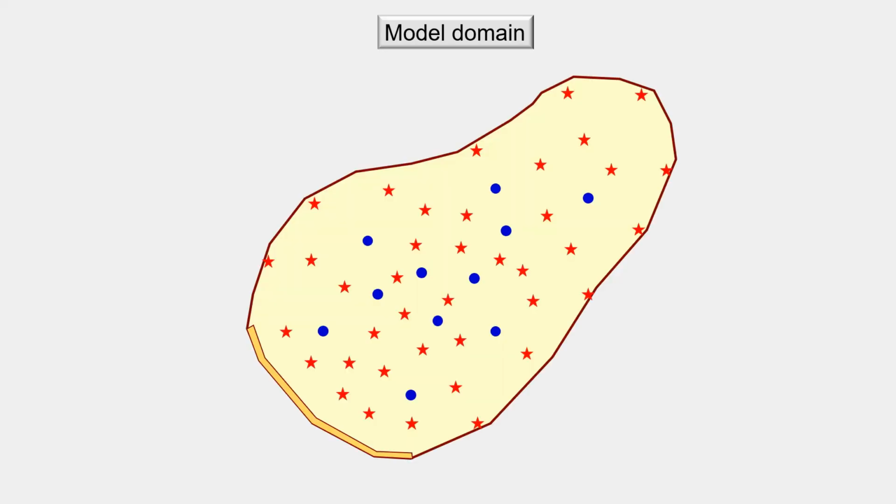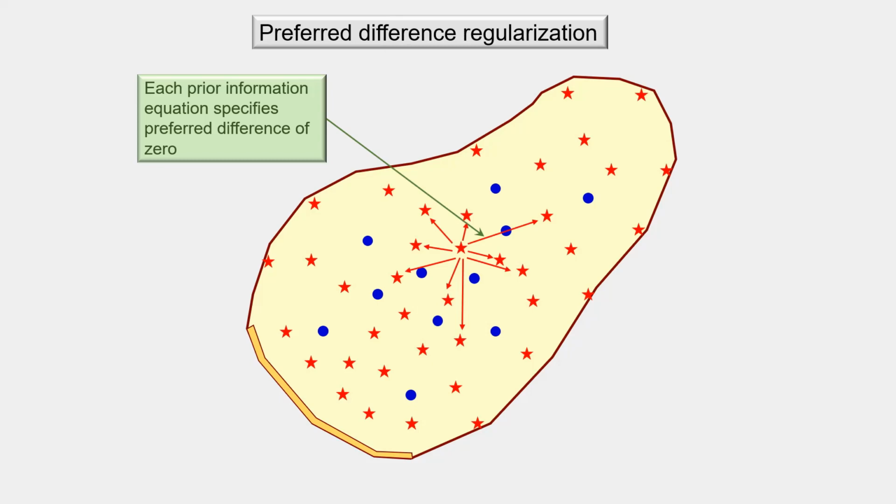One of these is preferred difference regularization. So here's my model domain once again, and there are my pilot points. This is just one layer of the model domain.